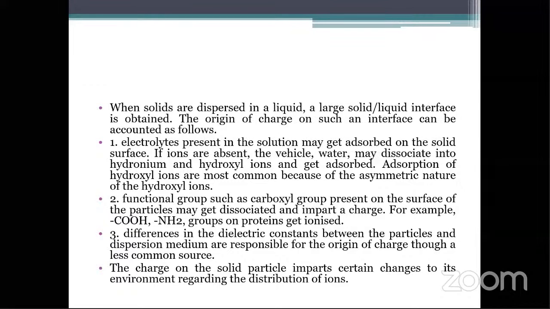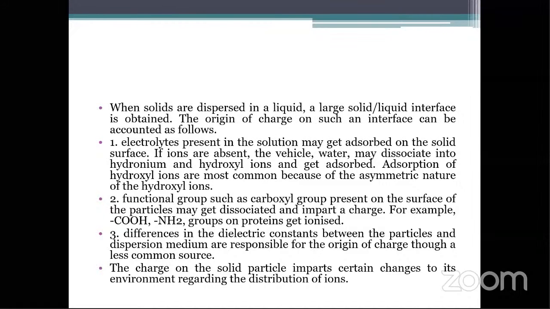Adsorption of hydroxyl ion is most common because of the asymmetric nature of the hydroxyl ion. The second reason is that functional groups such as carboxyl group present on the surface of the particle may also dissociate and impart a charge. For example, carboxyl group, and NH2 group on protein that gets ionized.